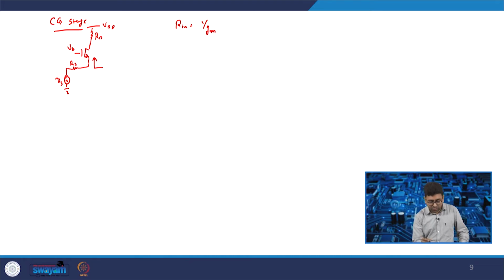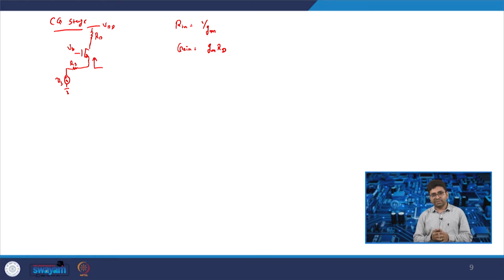If we try to find the noise performance, the gain is also straightforward for this, Gm into Rd, that is the gain. And the output impedance, by directly seeing the output, is Rd, because here while calculating we are not considering channel length modulation.